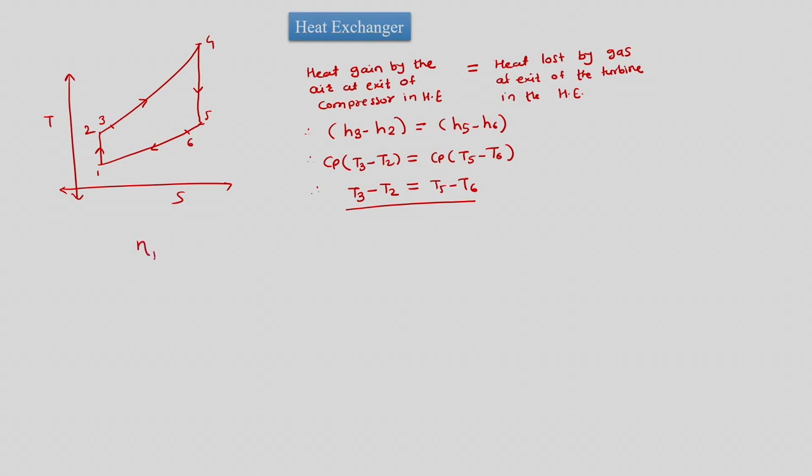If the heat exchanger would not be ideal, then we have to implement the effectiveness of heat exchanger, which is said as eta HE, and it is the ratio of actual heat transfer divided by maximum possible heat transfer.